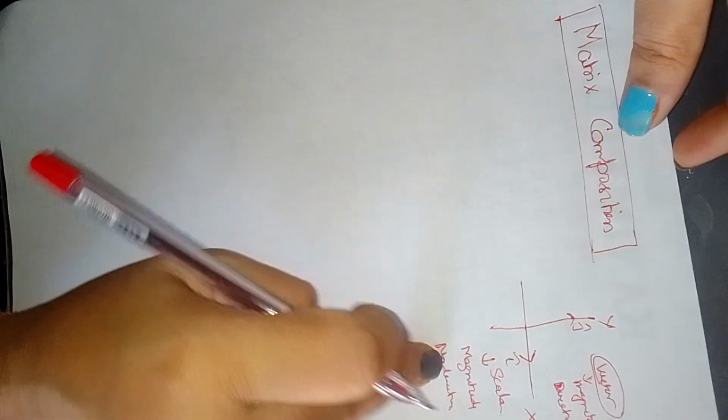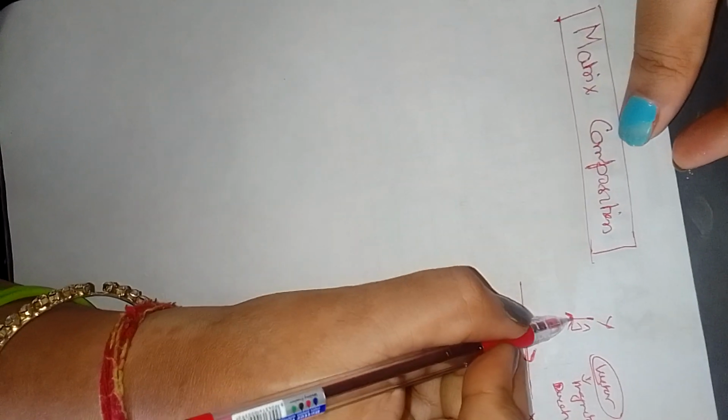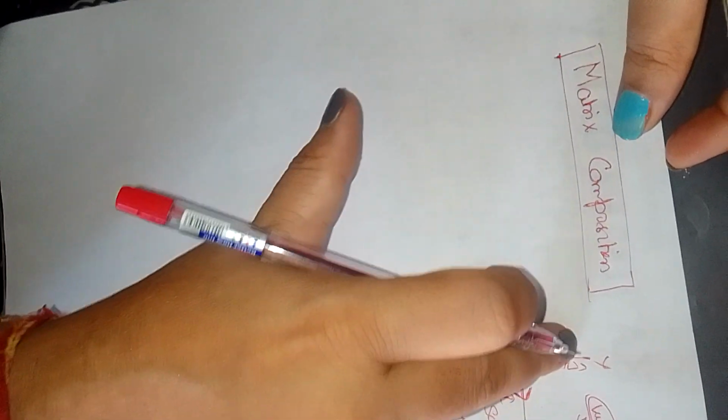And a vector is something that has magnitude, or a number, as well as direction. So when i lands and when j lands, I have taught you in my previous videos. Matrix composition revolves around these two things.